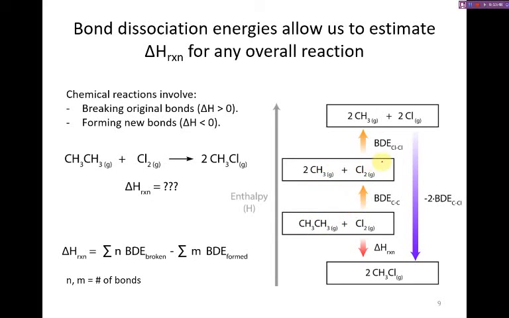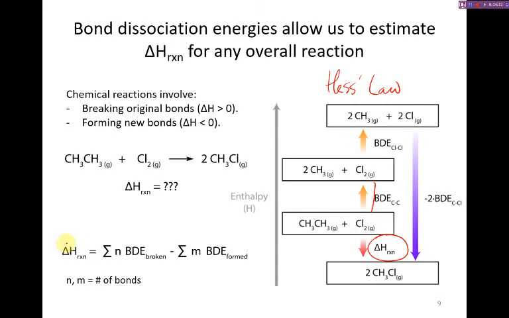We can then break the chlorine-chlorine bonds, and then we can combine the chlorines with the carbons to make a carbon-chlorine bond. And so this is just applying what we've already seen in general about Hess's law, that the sum of these steps is going to be equal to the net reaction.